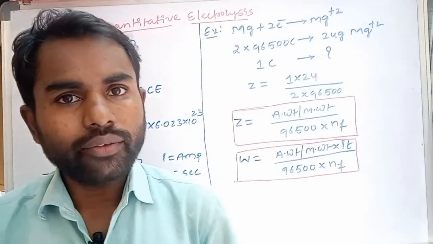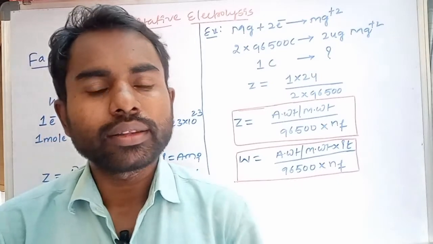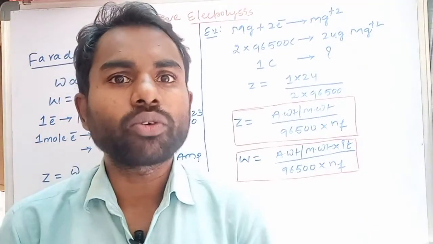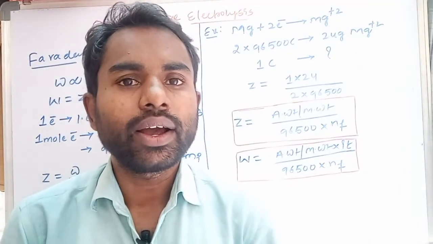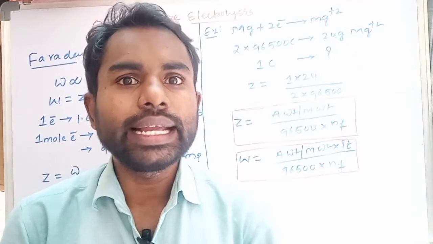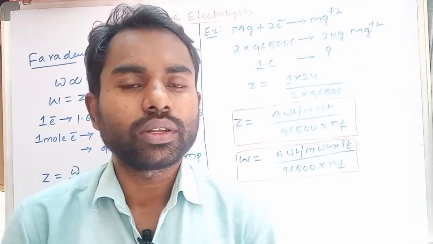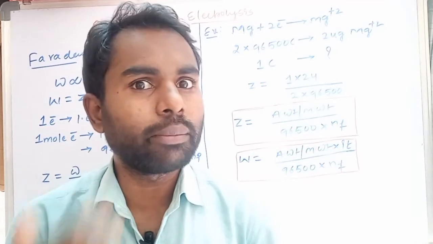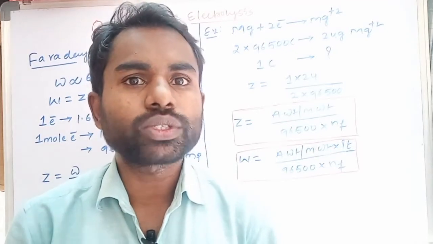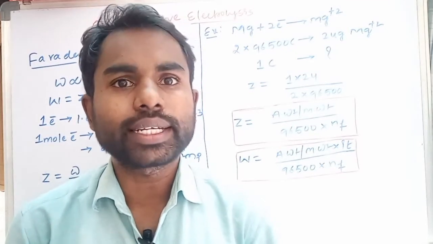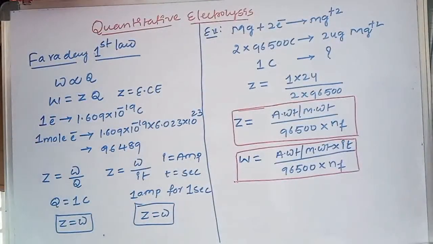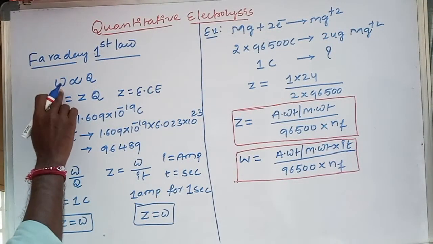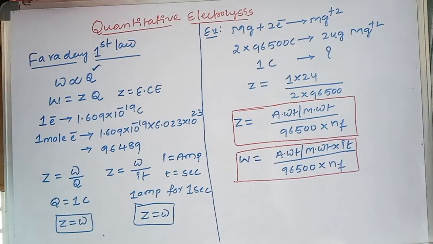Faraday's first law says that the amount of substance deposited or liberated on an electrode is directly proportional to the quantity of electricity. So we can write: the weight of substance is directly proportional to the quantity of electricity. Here the quantity of electricity is the charge in coulombs.